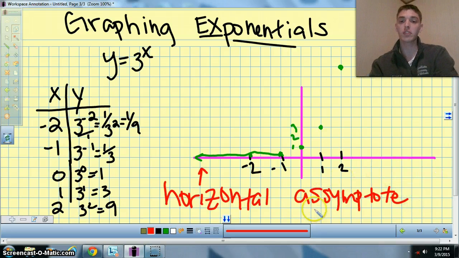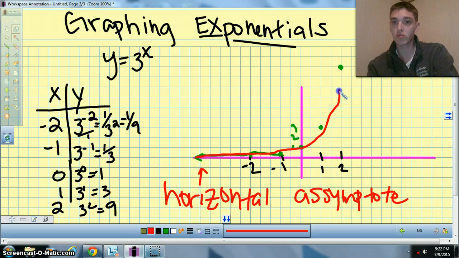So the asymptote is the line that it gets close to, but it never touches. So in this case, it's at y equals 0, right on the x-axis. Okay, so the graph grows exponentially.